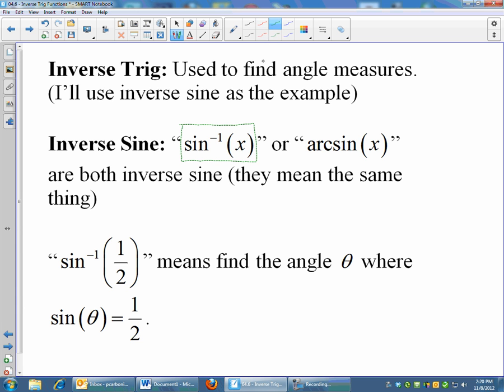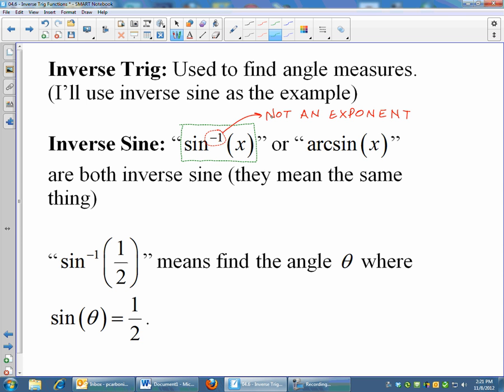I don't like that because when people see it, they think it's an exponent, but it is not an exponent. That is not sine to the negative 1 power. That is simply read inverse sine. There is a reason that notation exists, but it's very confusing. It is simply read inverse sine, not sine to the negative 1.